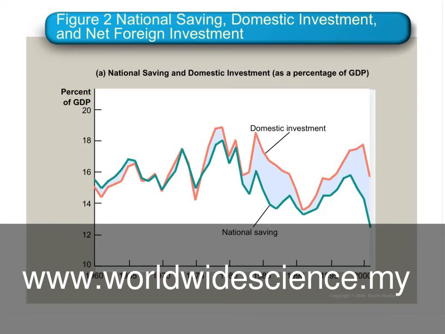So as you can see in this chart, we see the national savings and domestic investment as a percentage of GDP. The same concept goes after the exports went down in the U.S. after 2000.